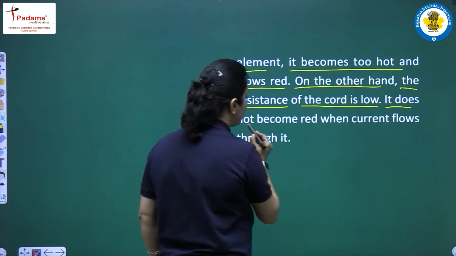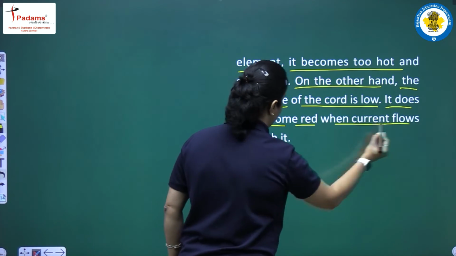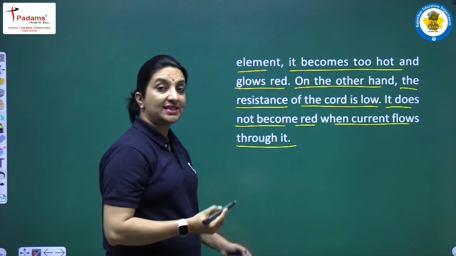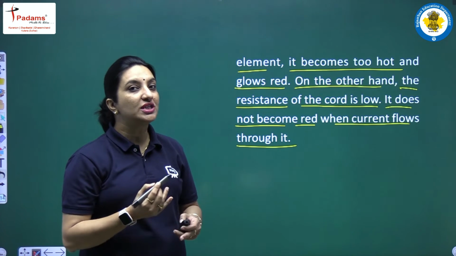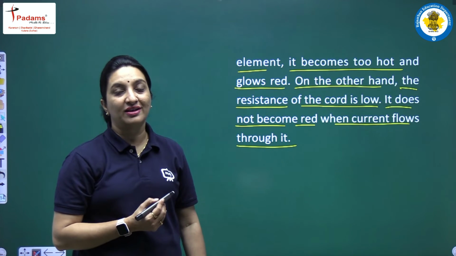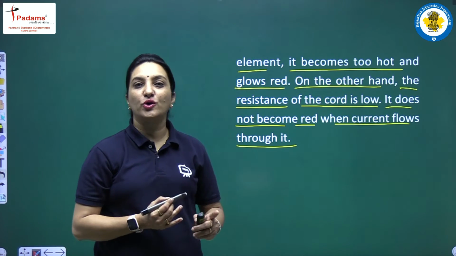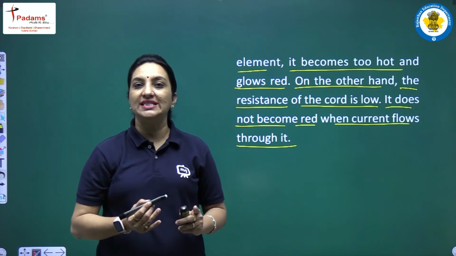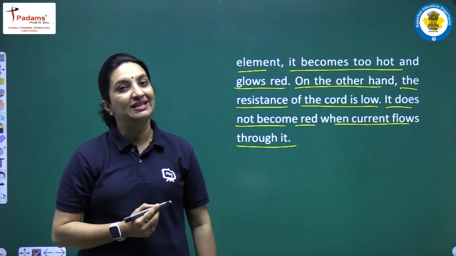It does not become red when current flows through it. Since its resistance is low, the heat produced is very less, as heat produced is directly proportional to R. So this is the reason why cords do not glow, but the heating element of an electric heater glows.